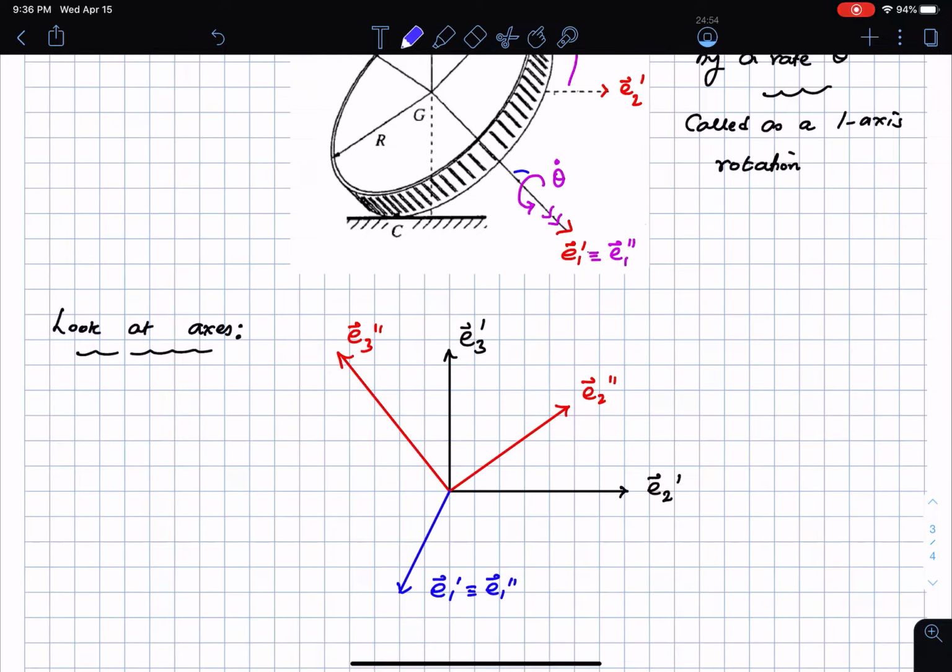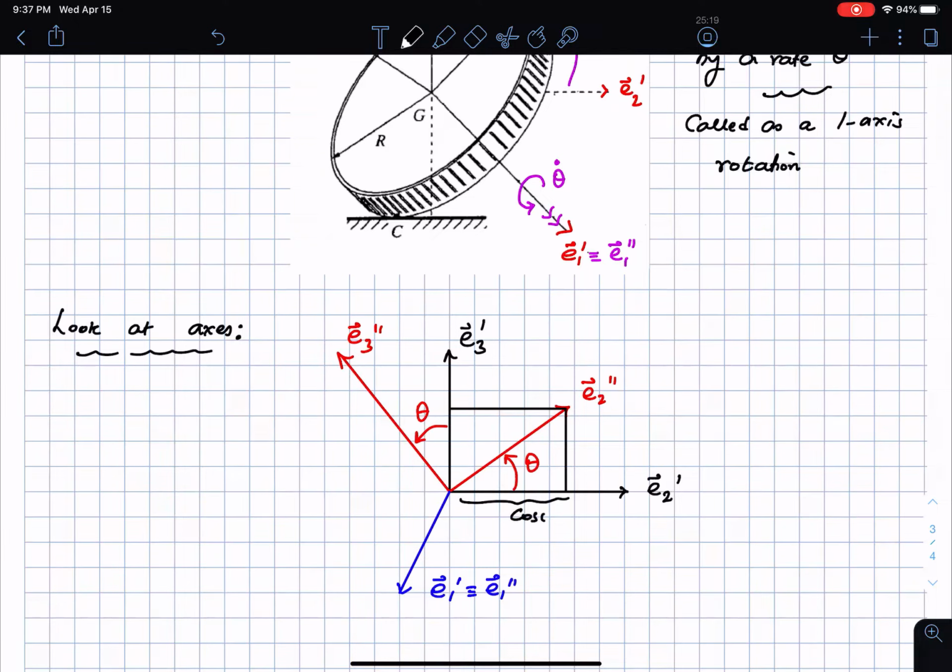The angle that we're going to be seeing here is the angle theta, and this is also the angle theta. If I take this E2 double prime and split it into components, you can see what happens quite easily. These are the components along the E2 prime and E3 prime direction. So this is going to be cosine theta, and that's going to be sine theta. And likewise, I can do the same thing for E3 double prime as well.